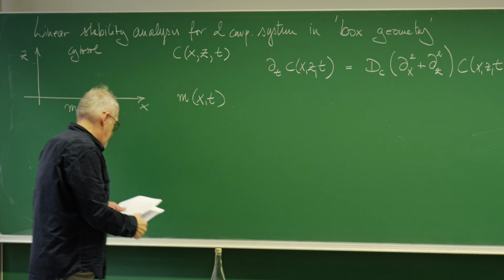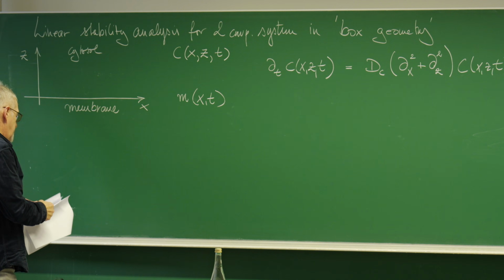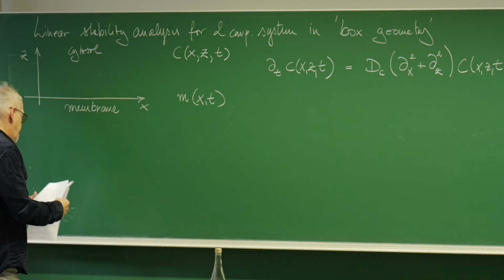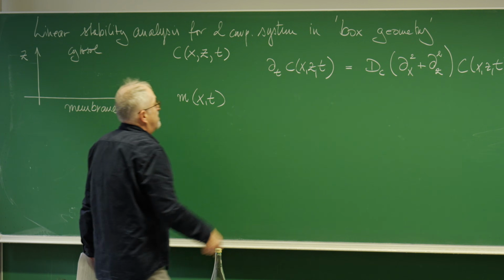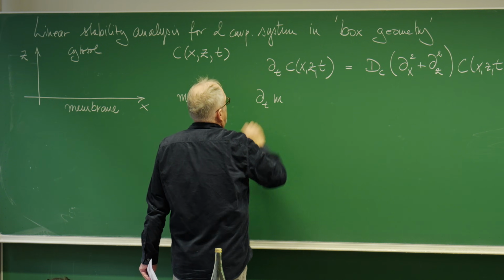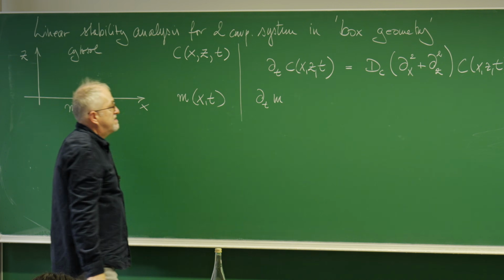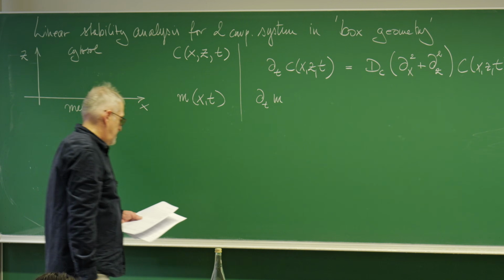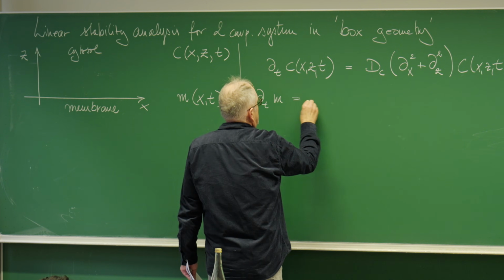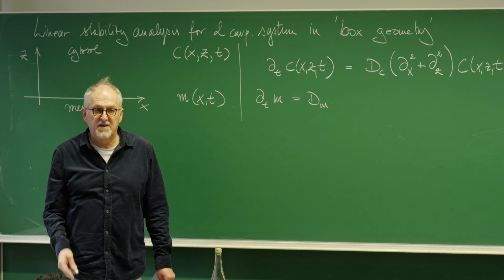Good. The dynamics on the membrane is one with a different diffusion coefficient. So I have here ∂t m, and now let me omit the corresponding arguments of that. This is diffusion on the membrane, and now I need the Laplacian on the membrane.